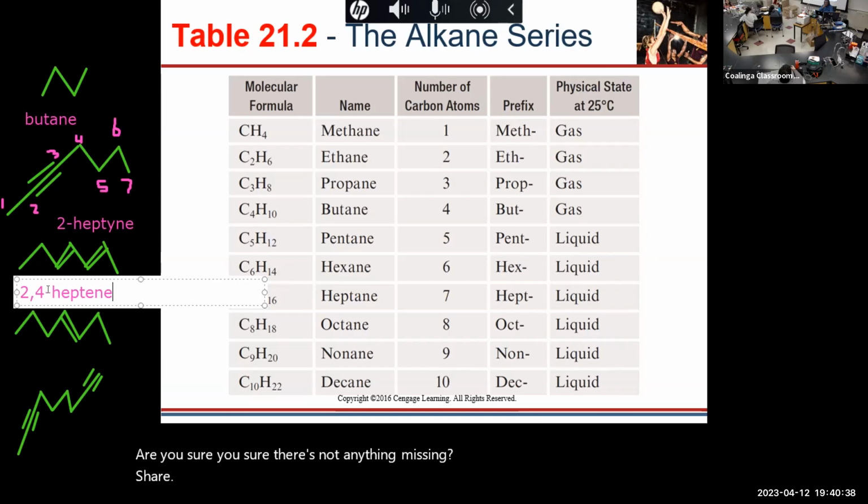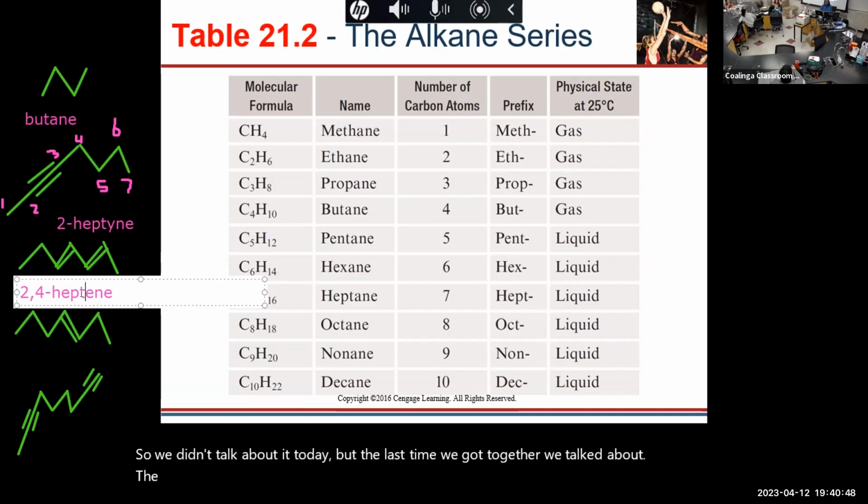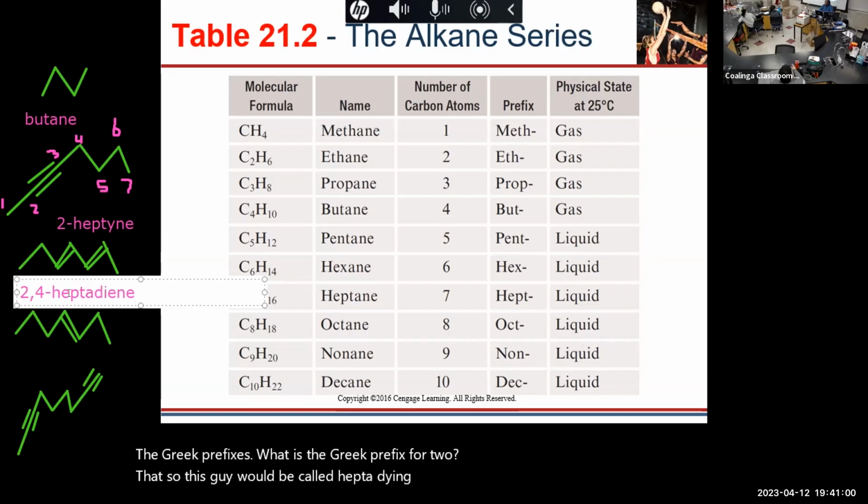We didn't talk about it today, but the last time we got together, we talked about the Greek prefixes. What is the Greek prefix for 2? Di. Okay, so this would be called heptadiene. So it'll be 2,4-heptadiene.